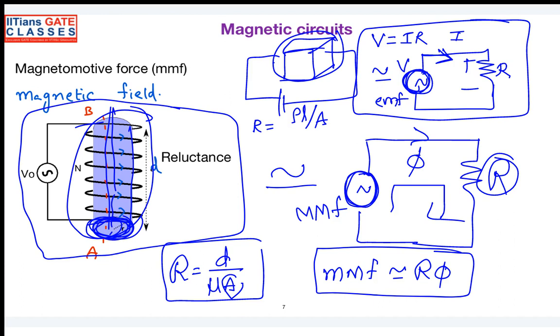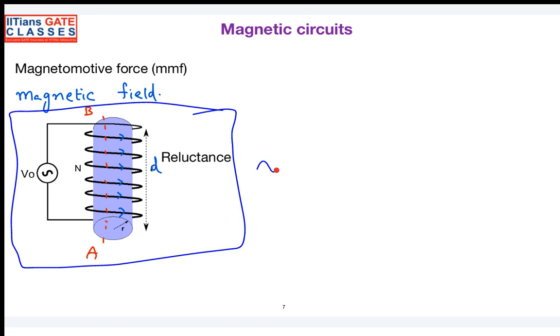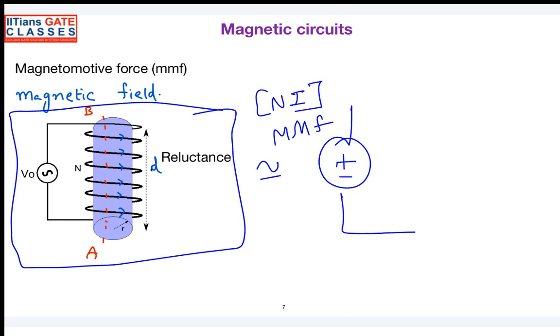Any questions here? So the magnetic circuit I was able to represent in terms of a circuit model. What I mean to say is, if any magnetic circuit is represented in a physical model like this, electrically it is represented with a magnetomotive source, which is nothing but number of windings into I, and the core is replaced by the reluctance.